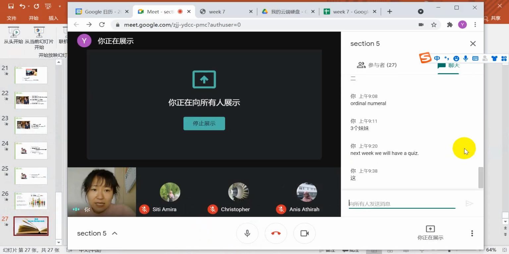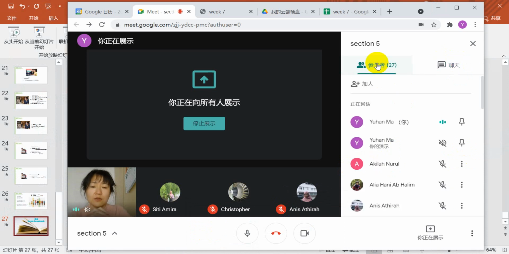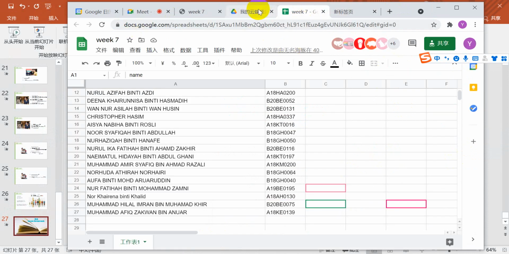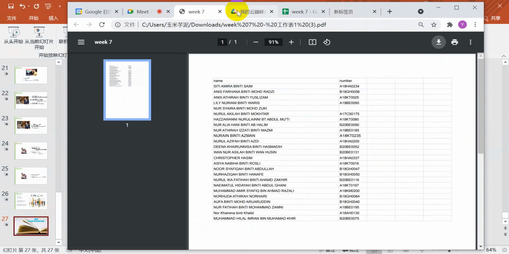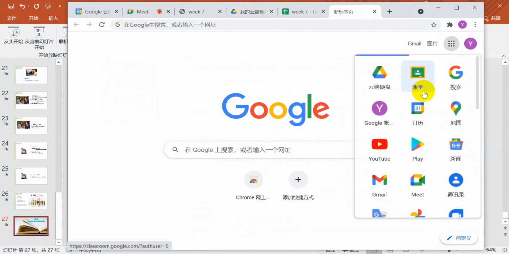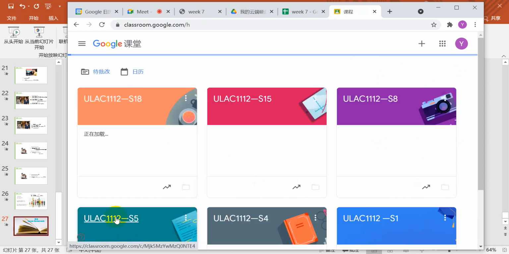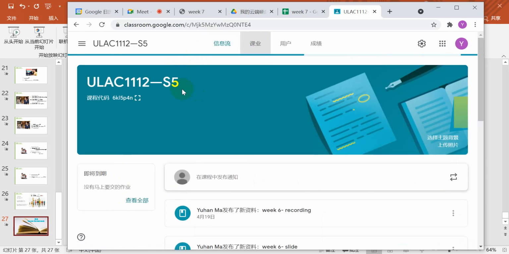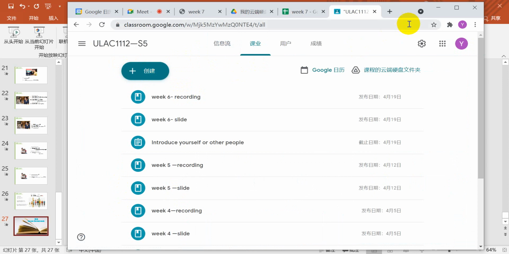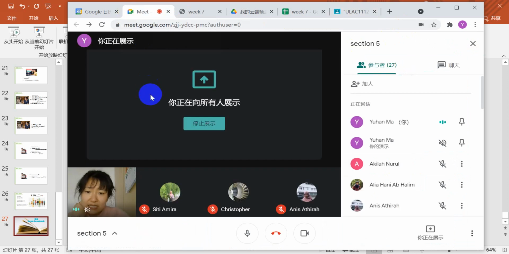Next week we will have a little quiz. Maybe I will upload it in our Google Classroom. I will upload the text and the questions in our classroom, so we can do the quiz during our class. It will include two parts. The first part is for listening, and the second is for reading and writing.